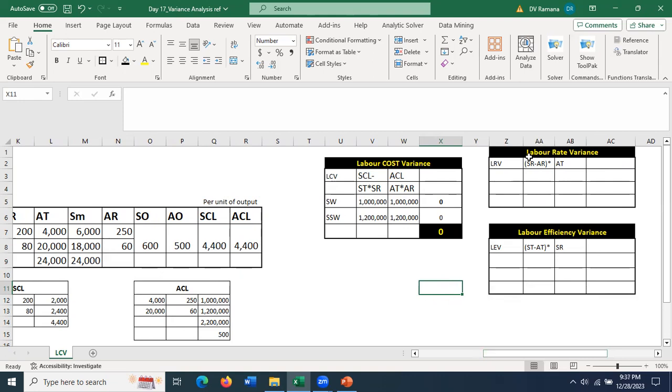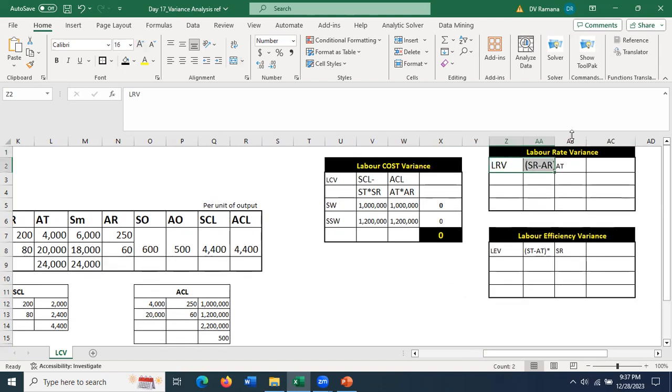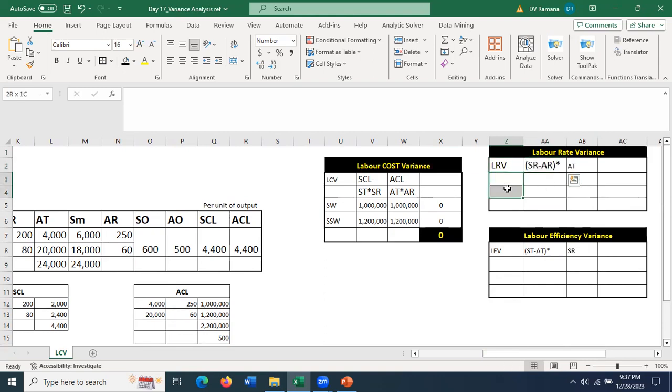So rate variance is a part of the cost variance which arises due to the change in the labor rate. And there is a change in the labor rate here. The change is because of the money that we paid.